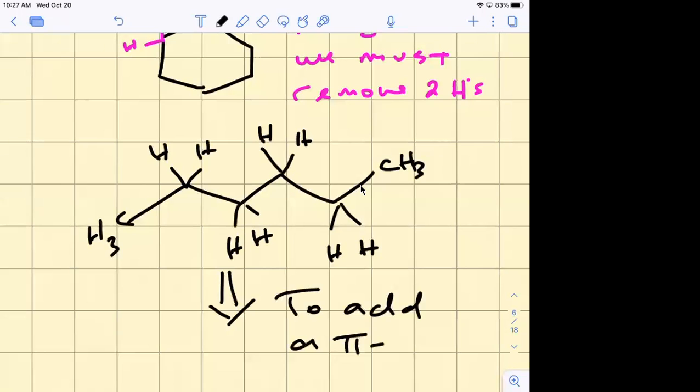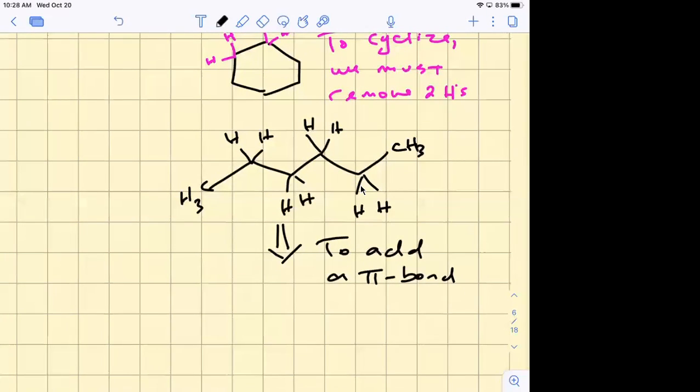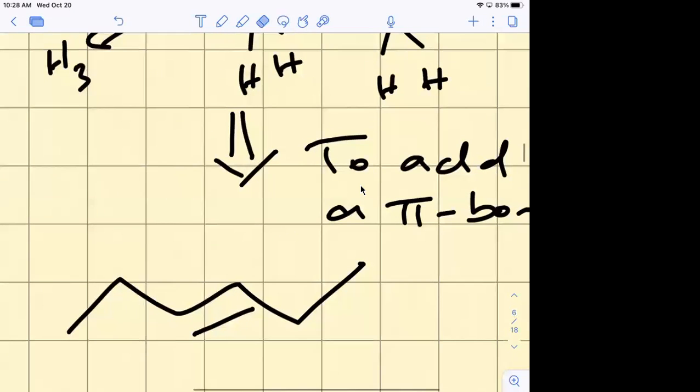If I want to add a pi bond, in this case let's just say a double bond between these 2 carbons right here, what would I have to do? You're going to have to get rid of hydrogens.